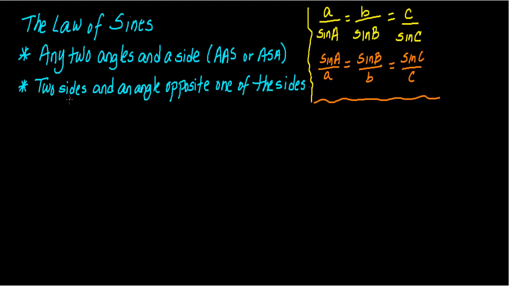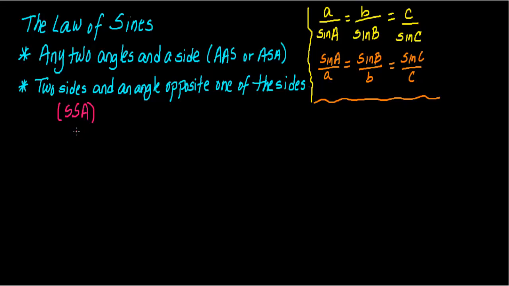Law of sines, we are on this second case, side-side angle. In our previous video, we talked about how careful we have to be with these kinds of triangles because I can end up with three different scenarios. I might end up with a triangle that doesn't exist, like what happened in the previous video.